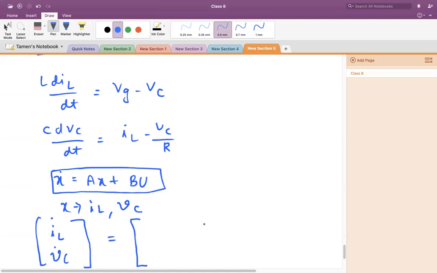First I write x dot. X dot is equal to IL dot, that is dIL by dt, and Vc dot.